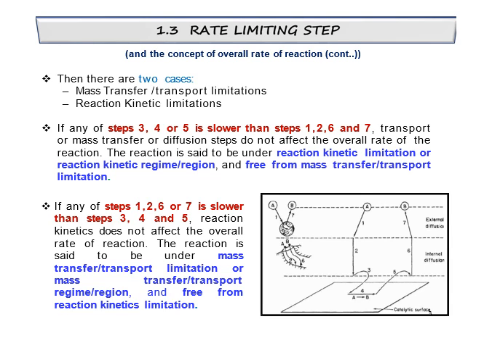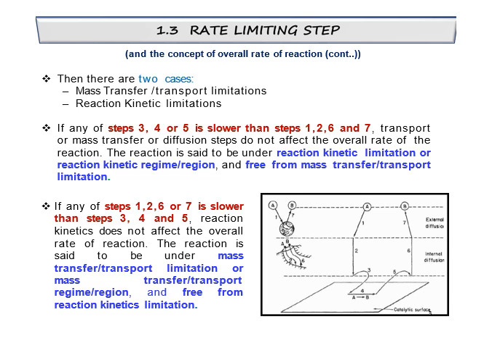So as I said before, the rate limiting step is the slowest rate among those 7 steps. The slowest step will govern, or will be the limiter for, the overall reaction.